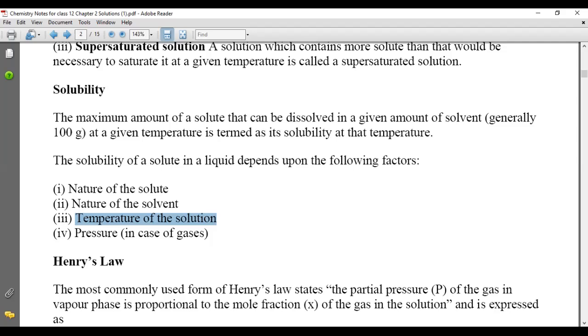In that case, if you are giving some amount of heat from outside to the solution, the rise in temperature will be minimized by the left hand side part of the equation, that is the solute part. So obviously, equilibrium will shift towards left. As a result, solubility of the solute decreases.